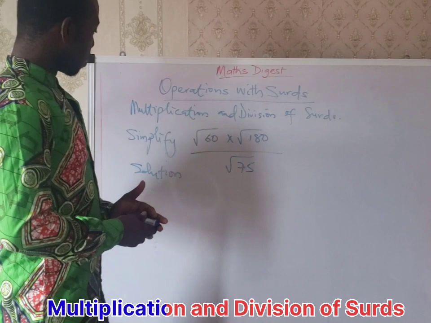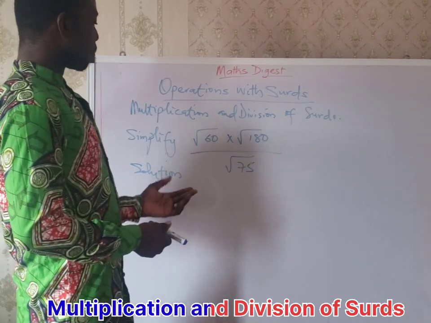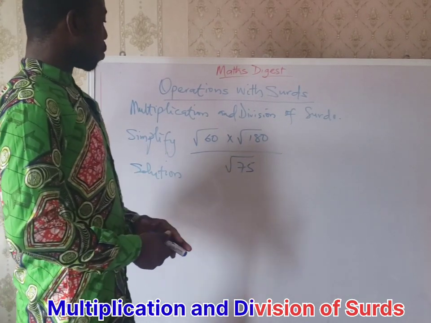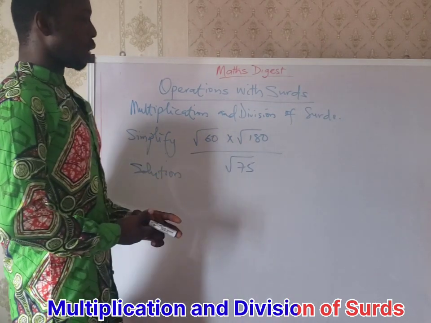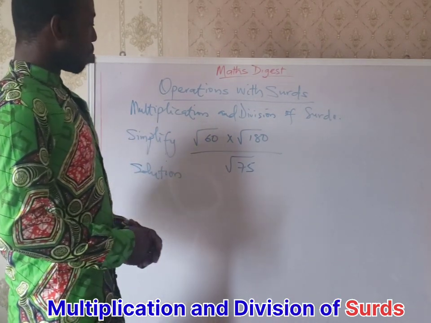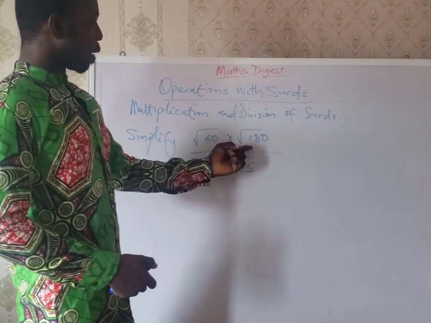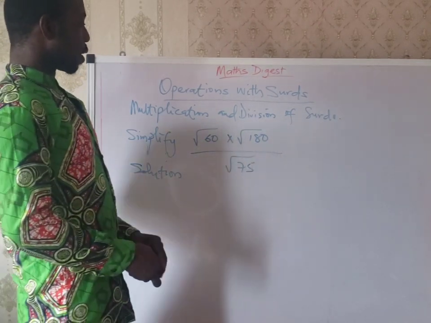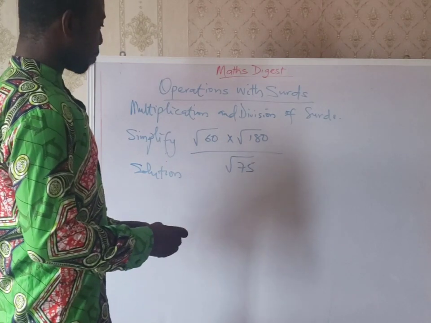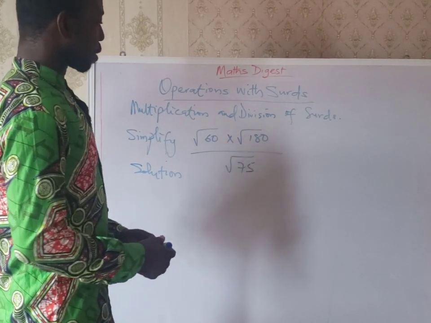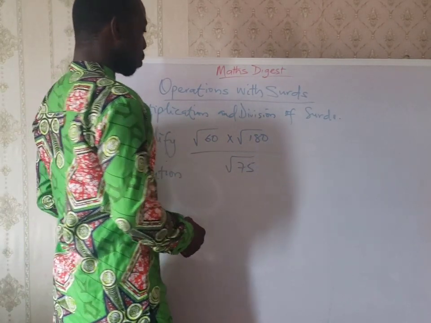In this kind of example, we are going to look at how someone who doesn't have a calculator can go about this surd. Because if you have a calculator, you can simply multiply the numerator and combine it together. Remember our product and division rule.